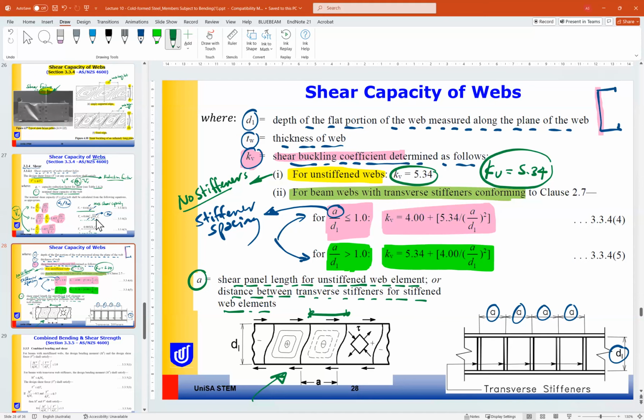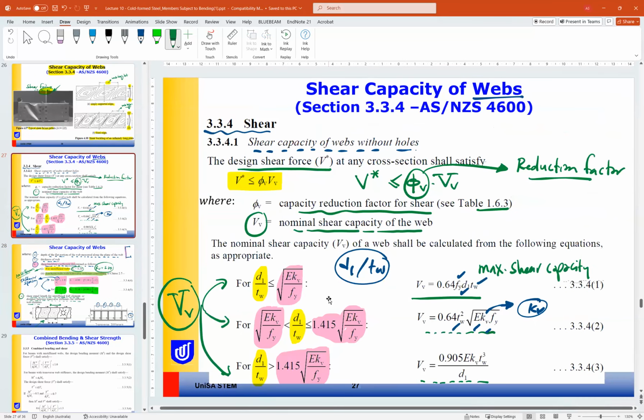For shear, it is a simple calculation, not too much needed. To check the shear, you need to find phi and VV. VV is according to the three cases, based on the limit, so you need to find D1 over TW compared to the limit. Everything is known except KV, the shear buckling coefficient.